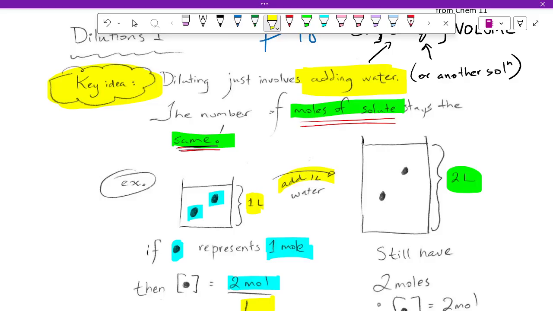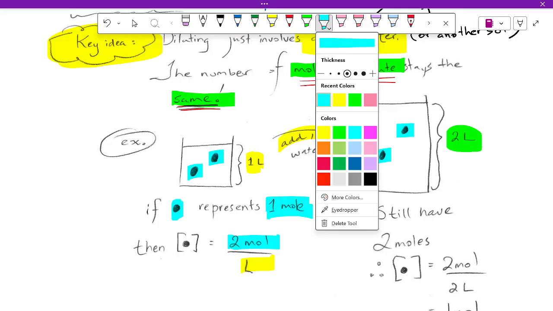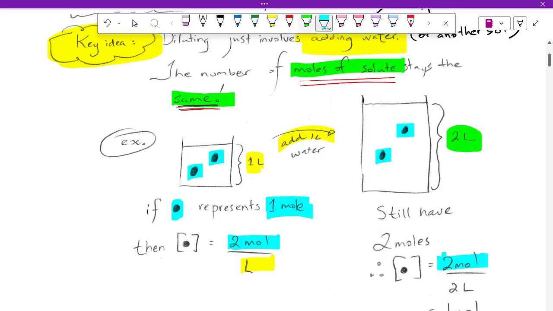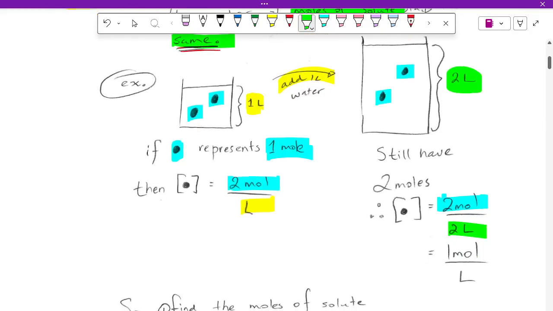If we add that 1 liter of water, we have not changed the number of moles, right? They didn't know moles came from anywhere. We still just have the 2 moles. But now it is in 2 liters. So now we have 2 moles in 2 liters, and then that's going to equal 1 mole per liter.